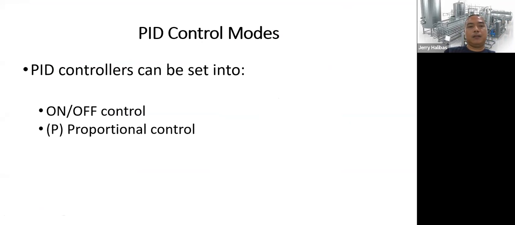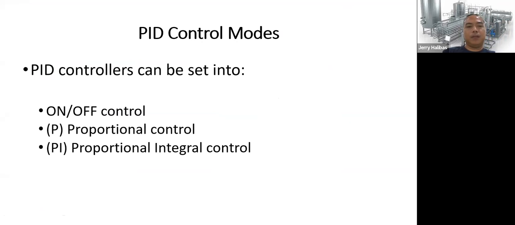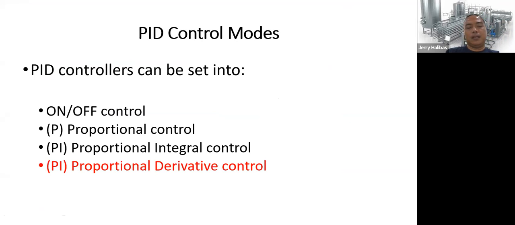So, we discussed on and off, proportional control, and PI, proportional integral control. Then, I added this PD, proportional derivative control. Okay, save.